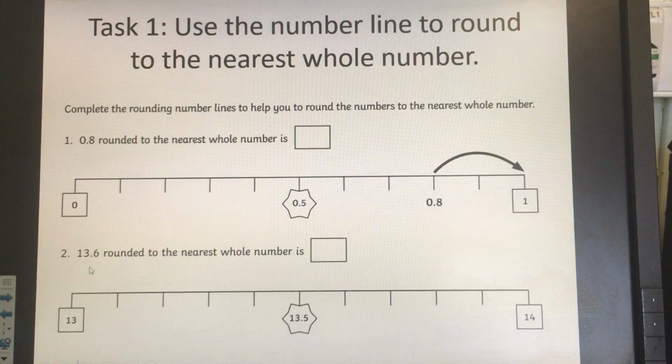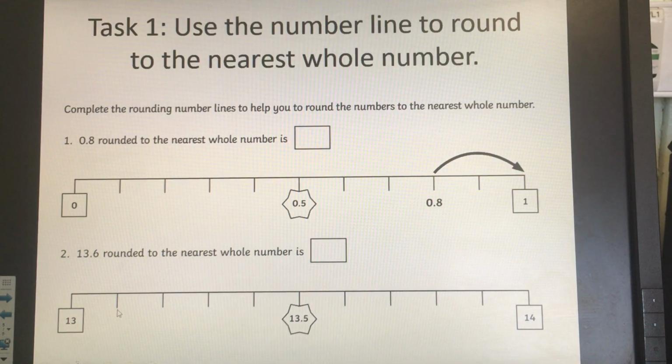If I move on to 13.6, I'll have to use the number line to help me. So I can count along 13.1, 13.2, 13.3, 13.4, 13.5, 13.6. So it would go there on the number line. I could also use this to help me.